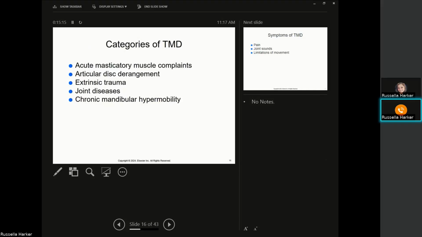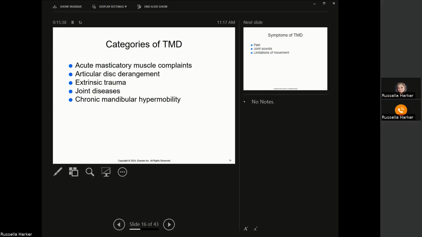Extrinsic trauma is caused by external causes and involves dislocation of the joint, fracture of bones, and internal derangement of the joint. Joint diseases can be degenerative or inflammatory forms of arthritis, and may severely damage the joint.